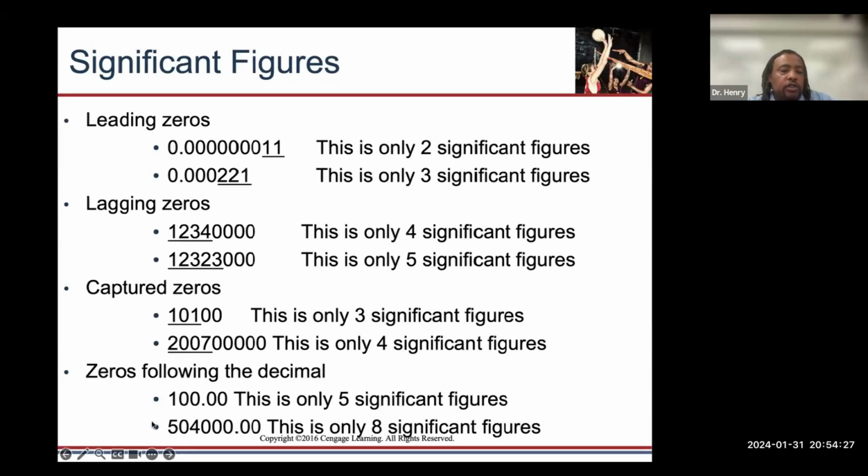Normally we would just write this as 100, rather than writing 100.00. By taking an extra time to put the decimal point and the zeros there, that means they're going to be significant. And that's the same case here. In this situation, we have 8 significant figures because we took the time to put the decimal there and follow it up with the zeros.